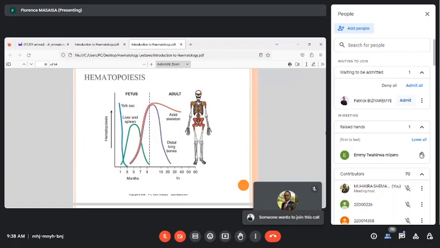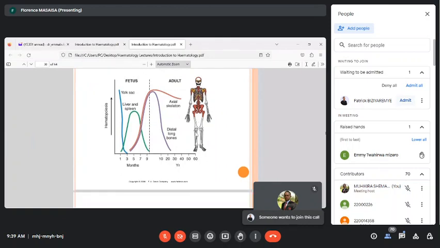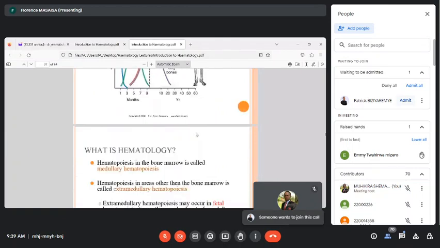You can see the sternum, the long bones mostly at the head of the humerus and the femur, but also up there on the skull. So when you want to do a bone marrow aspiration biopsy, we mostly go to the pelvis or the sternum. That's where you get enough bone marrow elements.